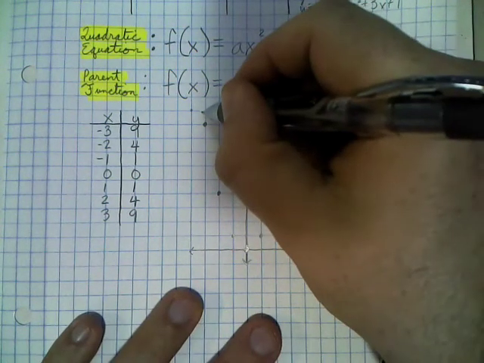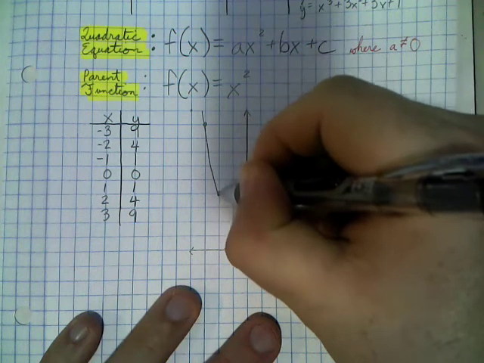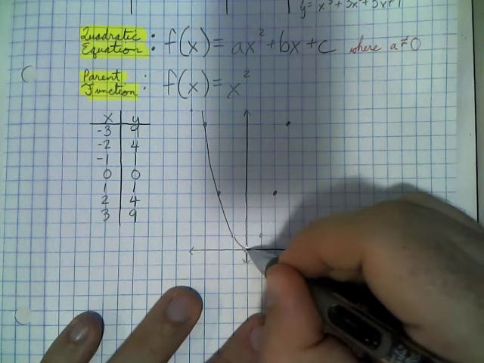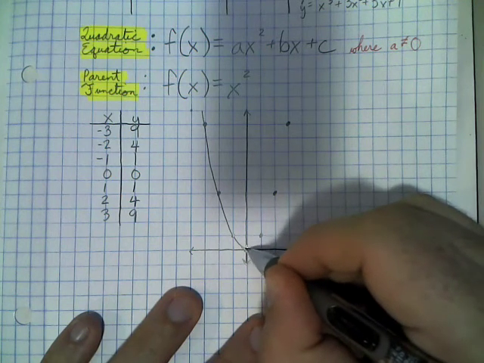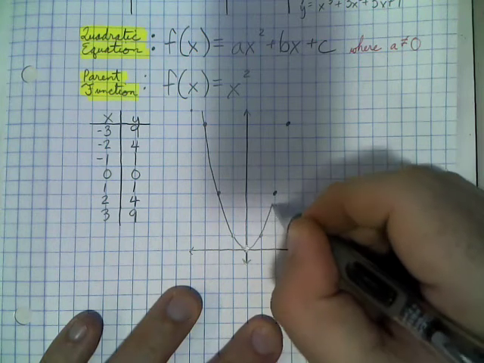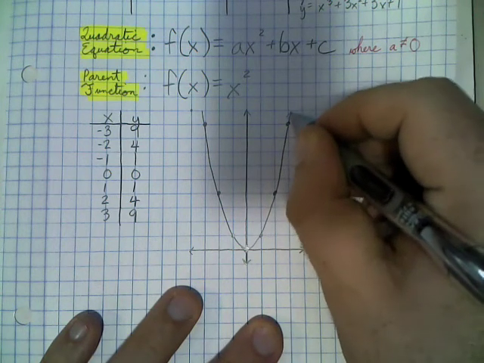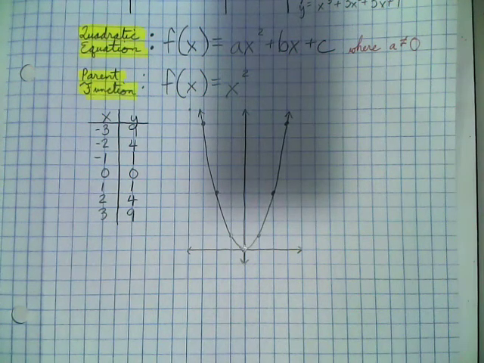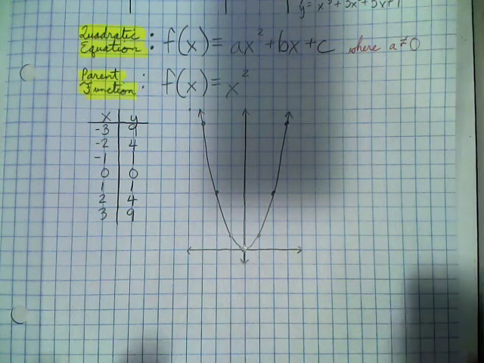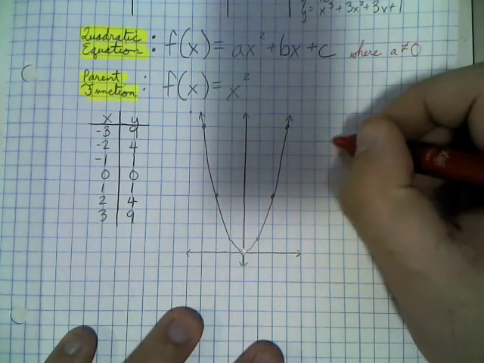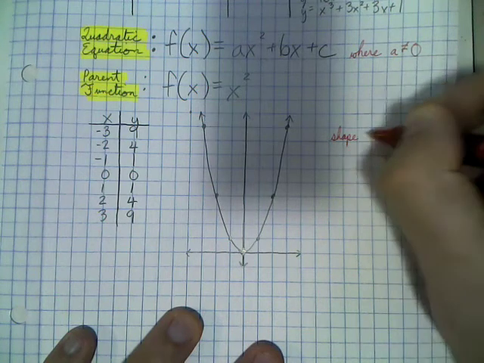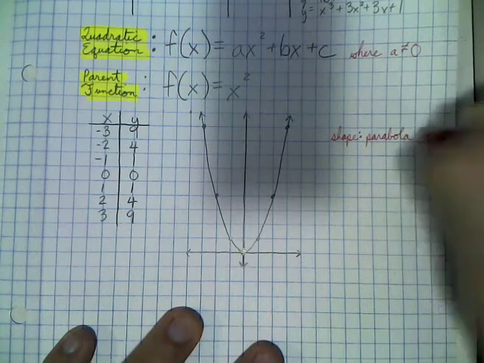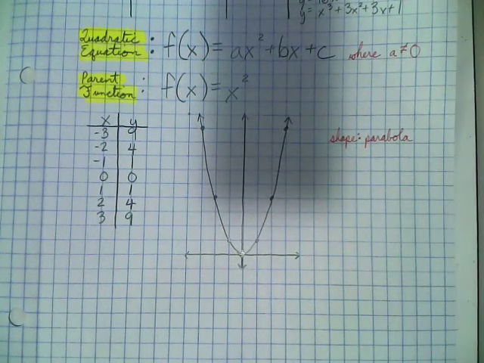And so if I draw a curve through my parent function here, make sure that kind of curves there. We've just discovered the shape of this. So the shape is what's known as a parabola. Kind of looks like a U. It's a parabola.